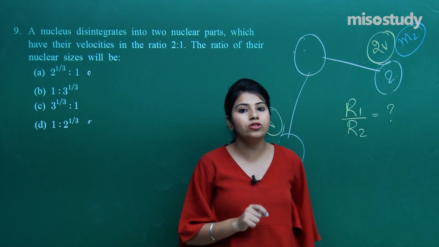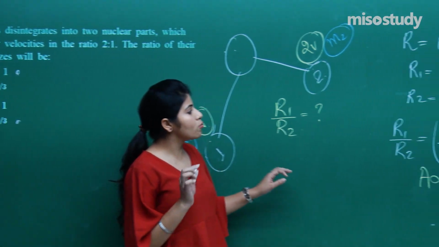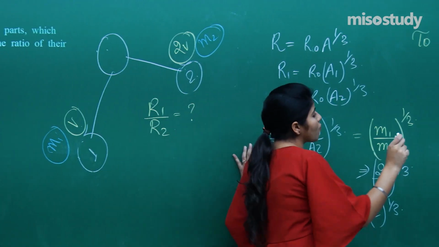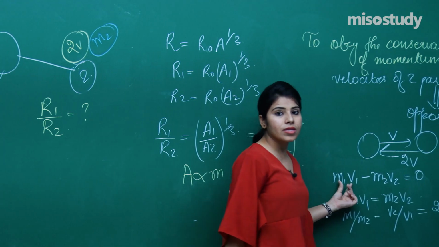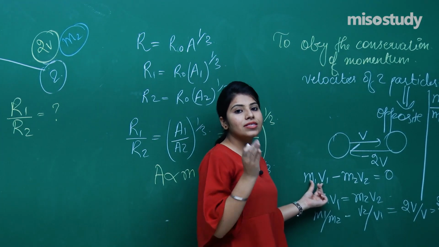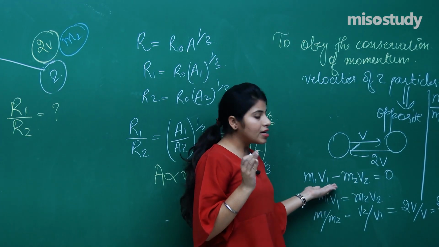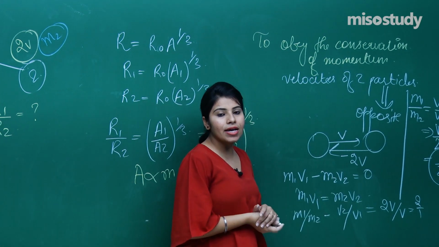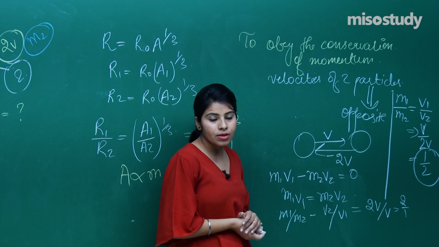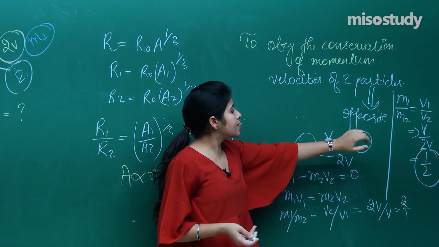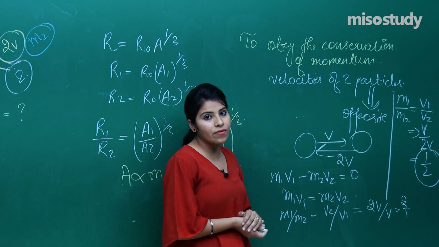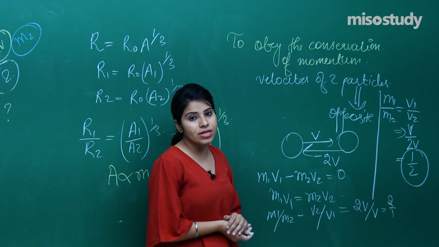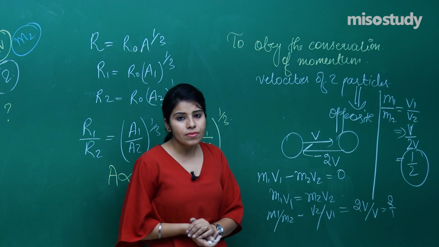And how you are going to solve it: you are going to consider the mass and the velocity of the m1 particle. Say its velocity is v, and the m2 particle, its velocity is 2v. In this case, we have seen that the m1 particle was having velocity 2v and the m2 particle is having velocity v.